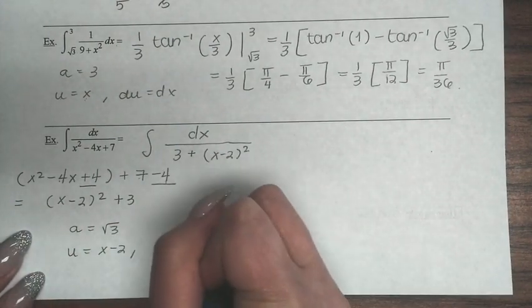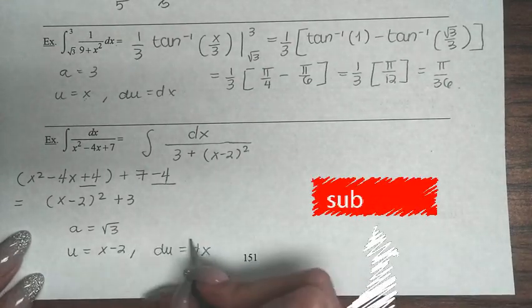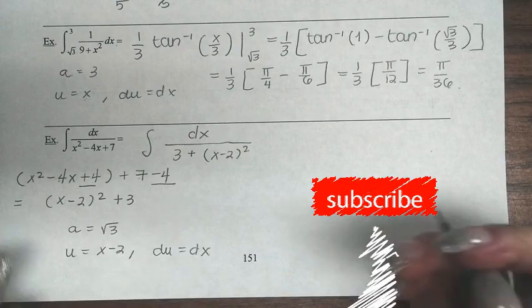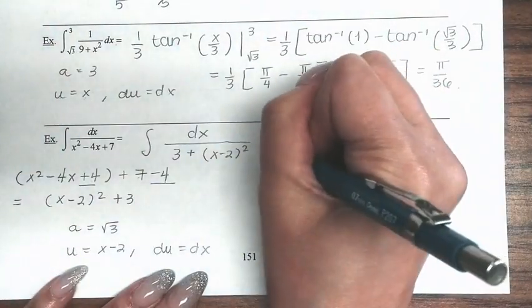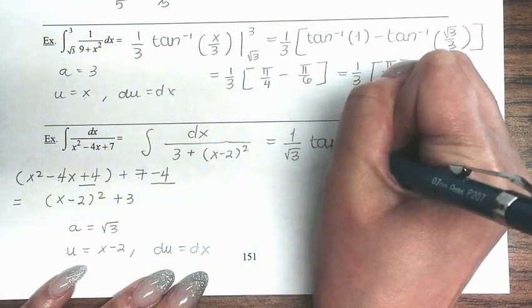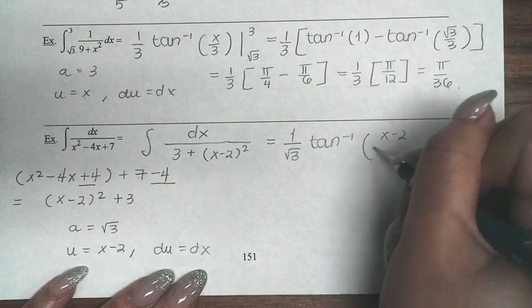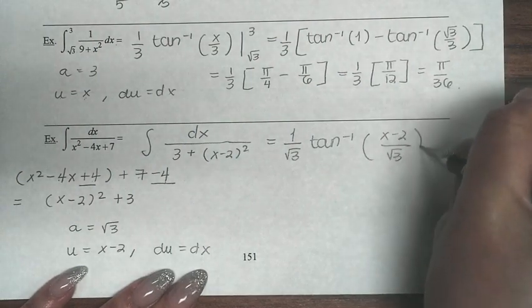Okay? So you have that du is equal to dx, so we don't need to complete any constant here. With that being said, this is equal to 1 over root 3, and then you have the tangent inverse of x minus 2 divided by root 3 plus c.